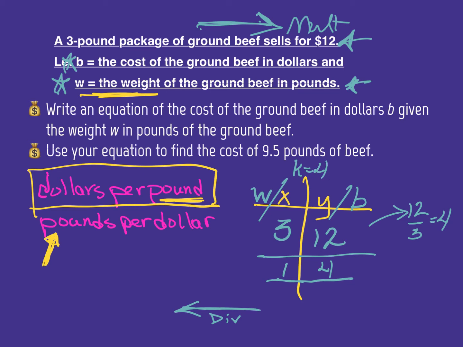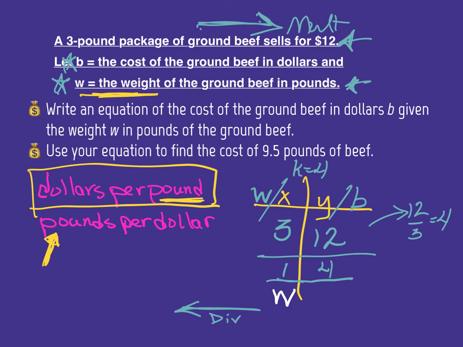Now I'm going to drop that down. I'm going to drop W down so I can write my equation, right? I'm actually going to use a different color here to make it stand out for you. And drop down the W. W gets multiplied by the constant of proportionality, which is 4, so 4 times W, right?